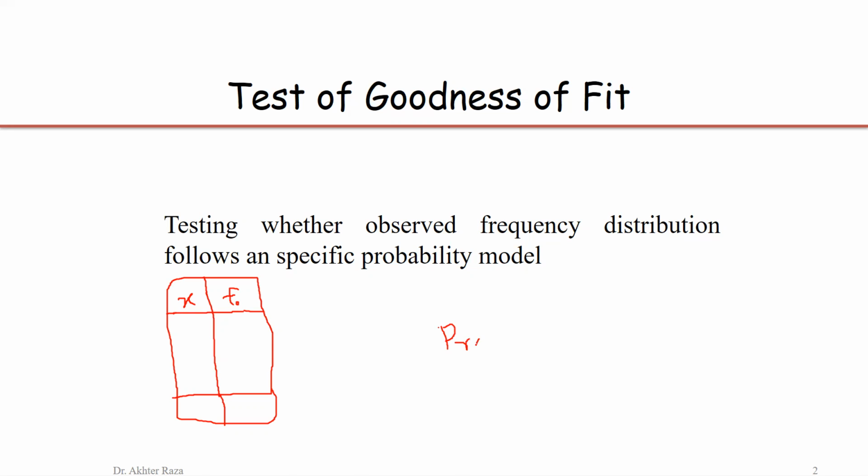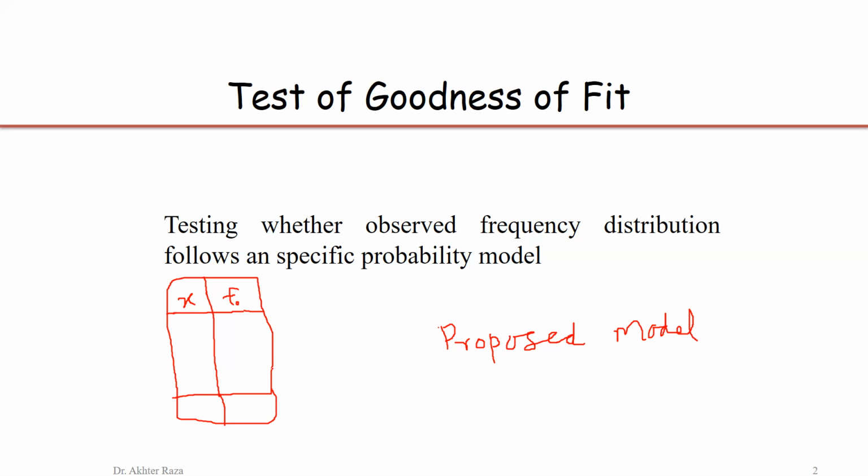Two things we have: the observed frequency distribution and the proposed model. The proposed model may be the binomial, maybe the normal, or many other models that we may propose for this observed frequency distribution.